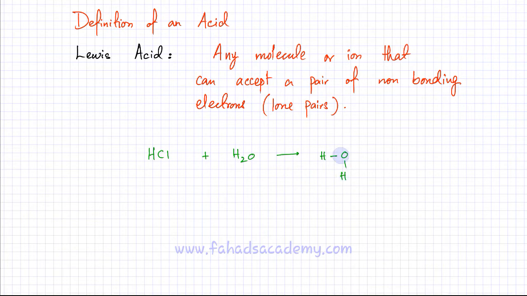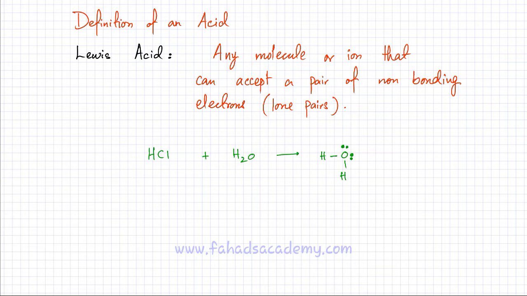If you look at the dot and cross diagram, or the electronic configuration of oxygen, you would notice that it has two pairs of electrons in its outer shell that are not involved in bonding. So the H2O molecule has exactly two lone pairs. So this is one lone pair and this is another lone pair.